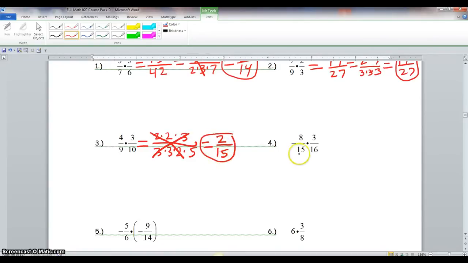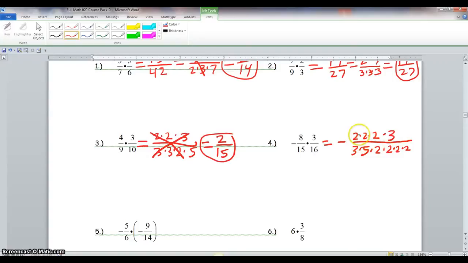And that's it. Now we go to number 4. We will follow the same process. We know the prime factorization of 8 is three 2's, and then 3 is prime, so we multiply that by 3. In our denominator, the prime factorization of 15 is 3 times 5, and we know the prime factorization of 16 is four 2's.